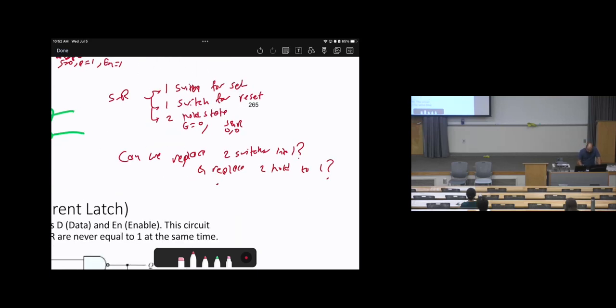such that if the switch is on, we will make it set. If the switch is off, it will be reset. If the gate is on, then store data. If the gate is off, it will be hold.